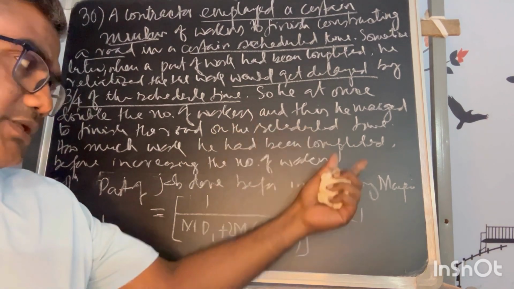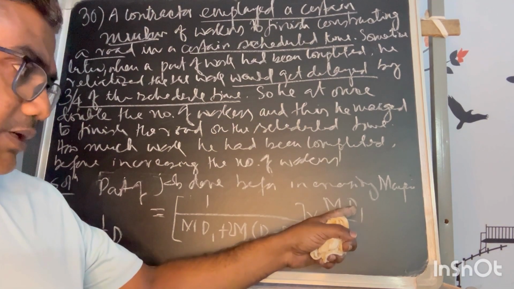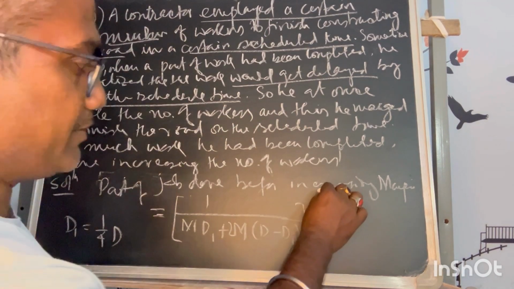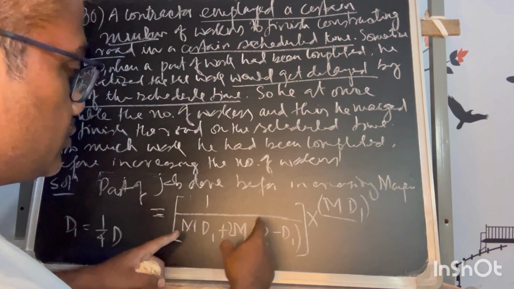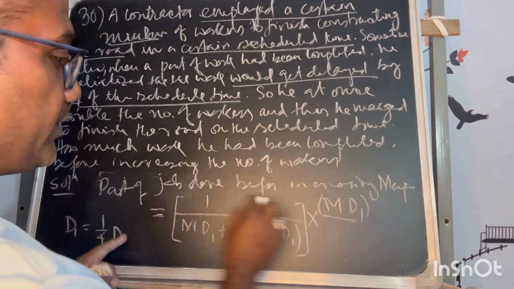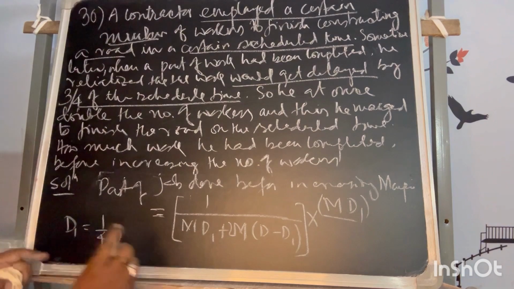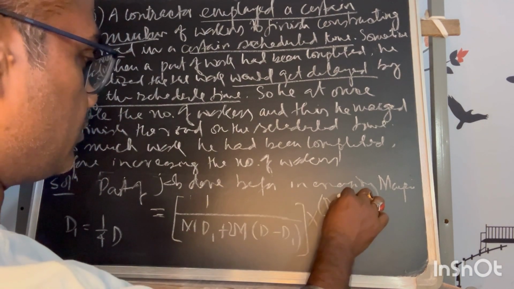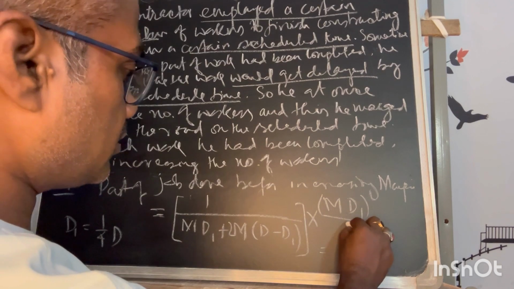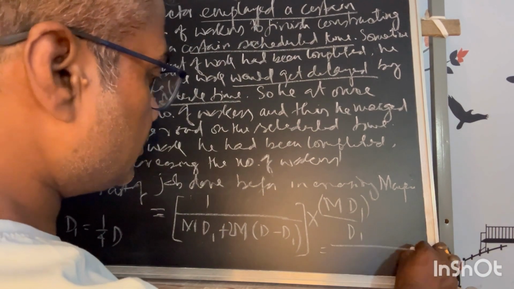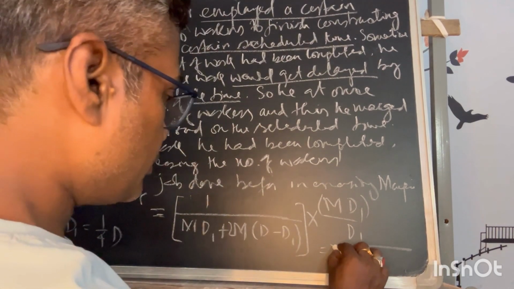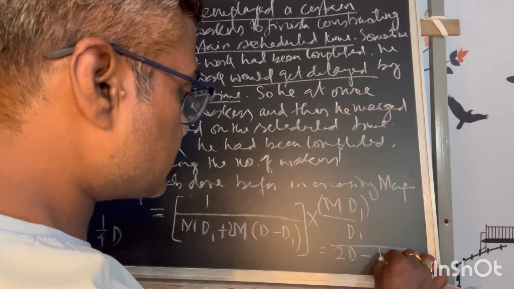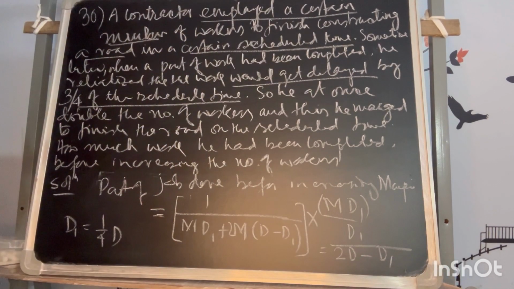So before changing, only m manpower has worked, and for how many days? D1. So this is the time consumed with the rate. So rate of work into the time will be the fraction of job being done. So here m will be cancelled out, so I will remove m. So this will become D1 into ultimately 2D minus D1, isn't it?